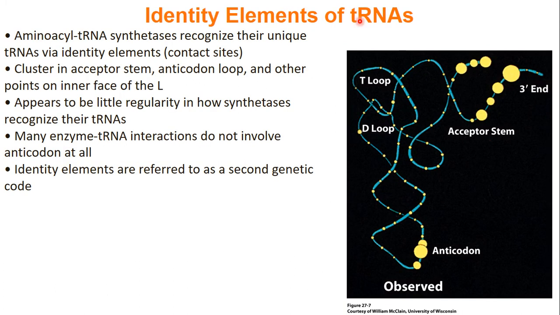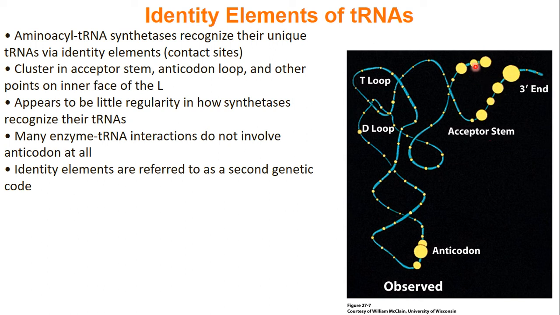So how do these AARSs know which tRNA to put their amino acids on? Well, through various experiments, we have discovered that there are unique sites that AARSs use to bind to their tRNA. We call these contact sites.